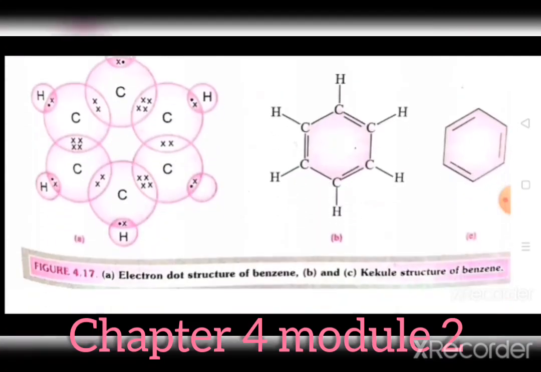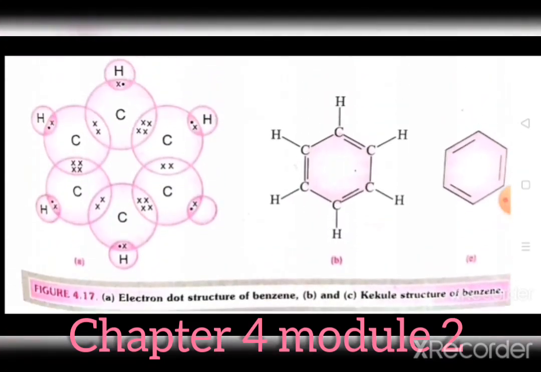Next, here you can see the complex structure. After learning the easy structures, we can move on to the hard one also. This is benzene structure. All of you must be aware about benzene. You have heard somewhere in chemistry that benzene is useful. Benzene is a non-polar solvent.